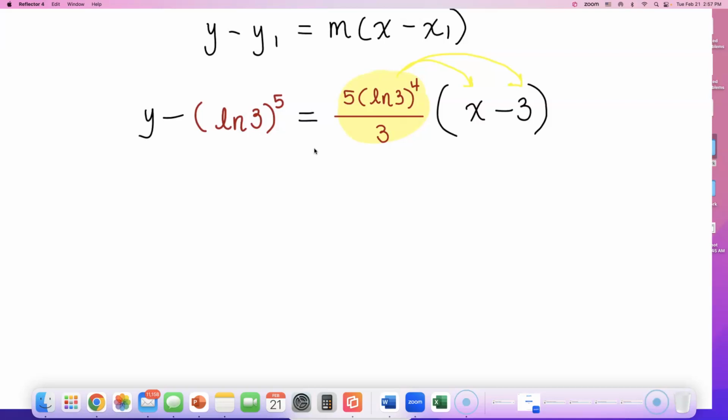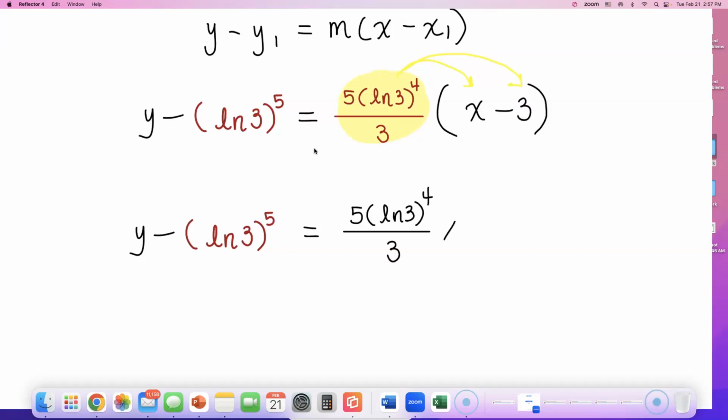So the left side stays the same for right now. Copy this same. But if you multiply that yellow highlighted slope with x, you will get slope times x minus, oh, now look, when I multiply that yellow highlighted fraction with this 3, what happened to the 3's?